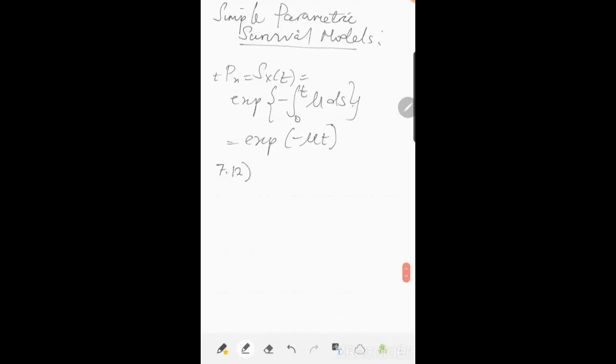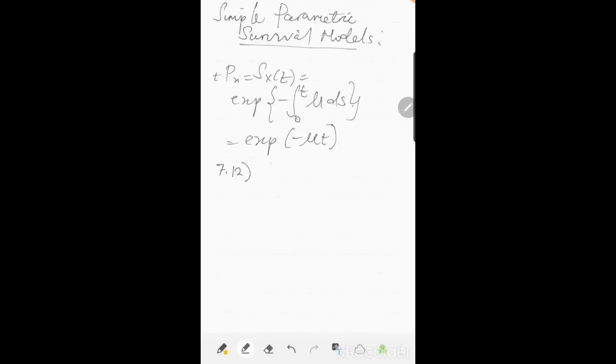You can check this question in your notes. The question says, if mu x takes a constant value of 0.001 between ages 25 and 35, calculate the probability that a life aged exactly 25 will survive to age 35.